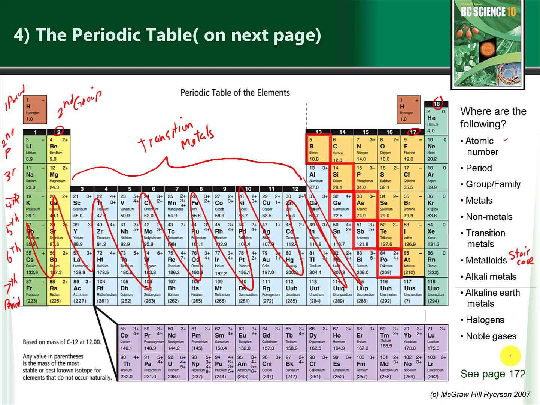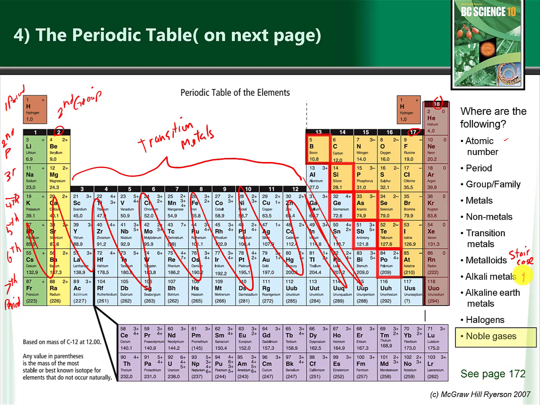So once again, here we go. Alkali metals are the first column. Alkaline earth metals are the second column. Special names for those column families or groups. The second to last one is called the halogens. And the last ones are the noble gases.